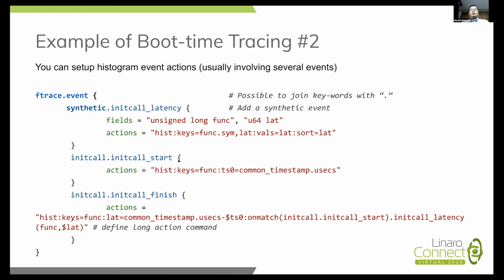The histogram is of initcall. The initcall is an initialization function call, and it saves the timestamp of the start and then calculates the latencies in a finish event and sends it to the initcall latency event, so that this will make a latency histogram of the initcalls.